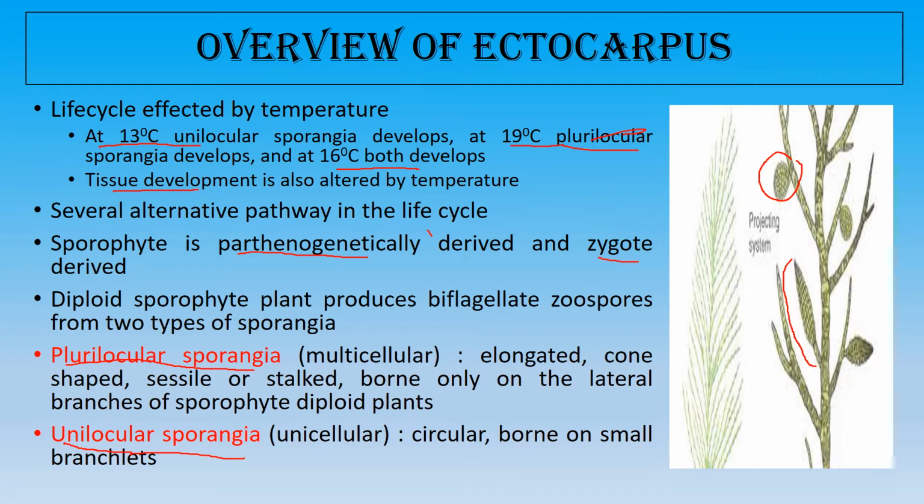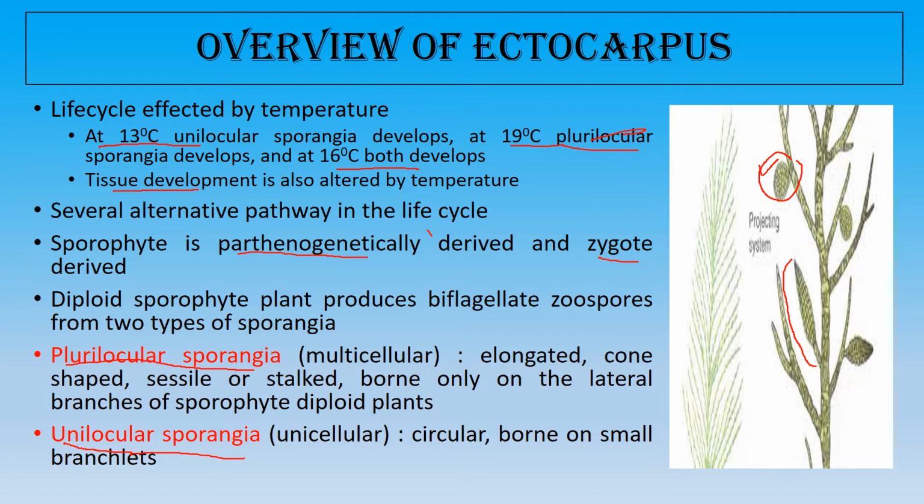The unilocular ones are borne on the tip of branchlets but not lateral branches. So the difference between them is that plurilocular sporangia are multicellular, and unilocular sporangia are unicellular.